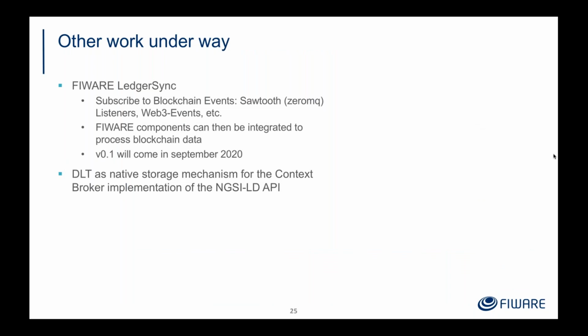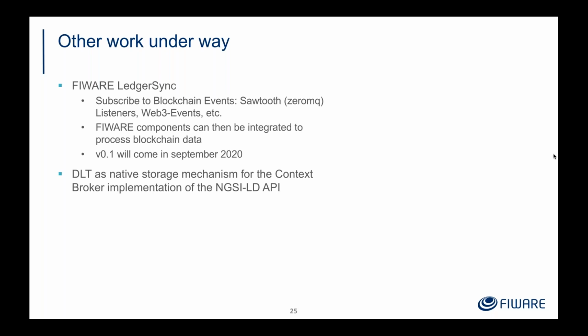There is other work underway. We are also exploring the other way around. There might be certain systems that are already natively storing data on the distributed ledger, but you may want to leverage the ability to get part of this data and make it also available on the FIWARE space.